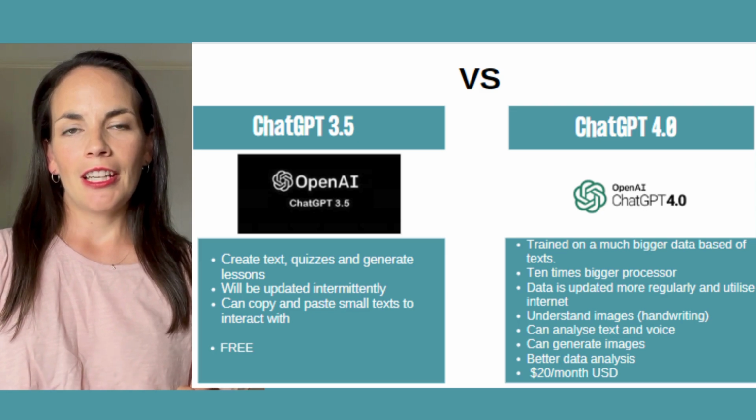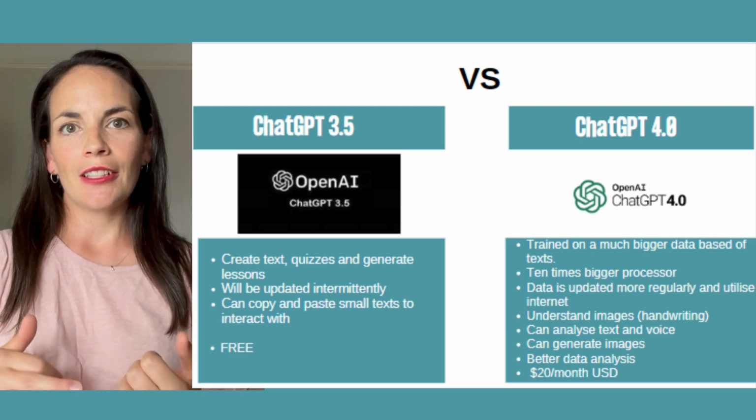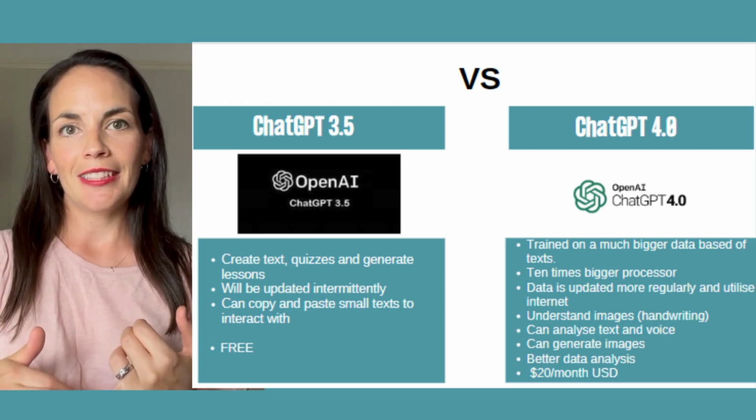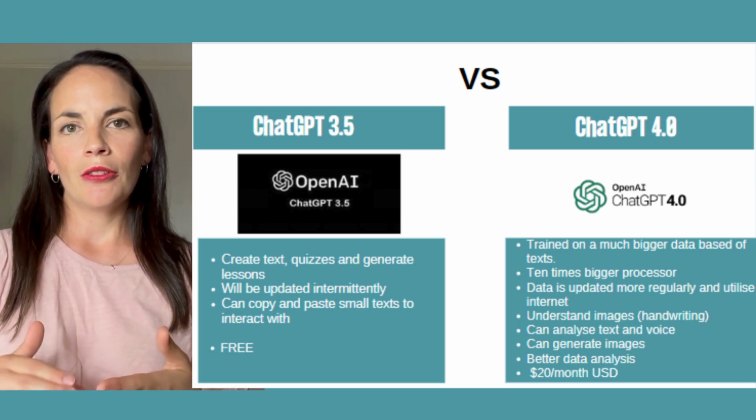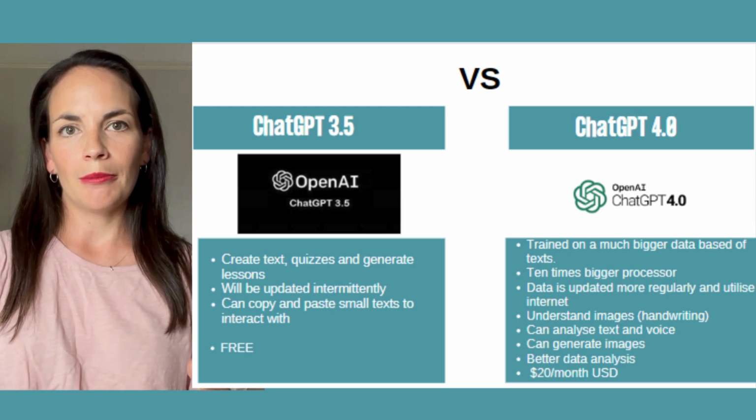The benefits of ChatGPT 4.0 are it's a multimodal platform. So one, it's trained on a lot more information and has a 10 times bigger processor. But as a teacher, what I find does work well is that it can interact with images, which includes handwritten student work. It interacts with voice, and it also is much easier to upload documents to.